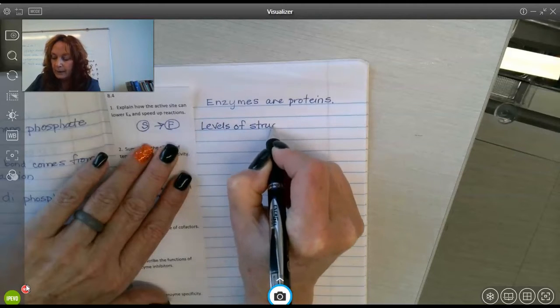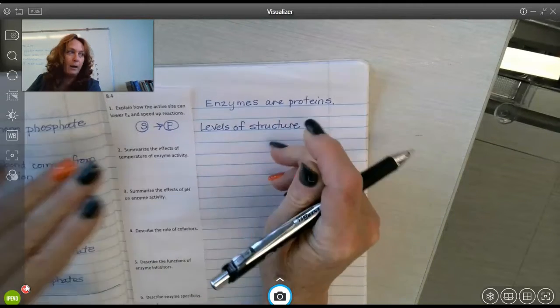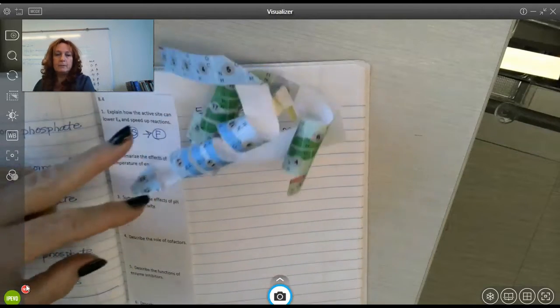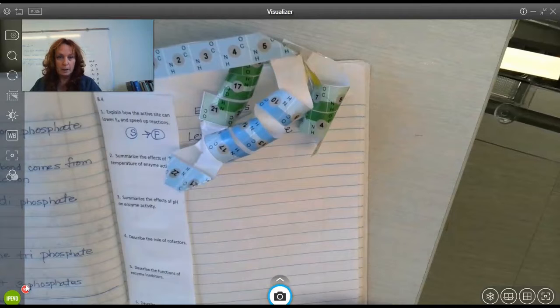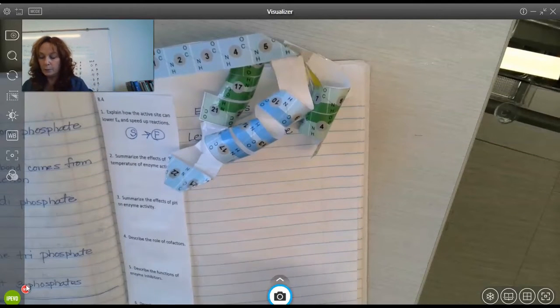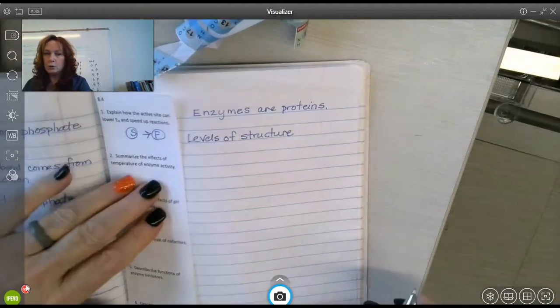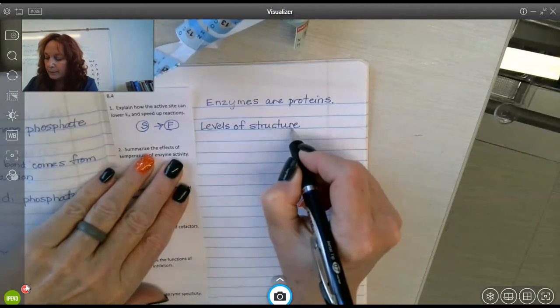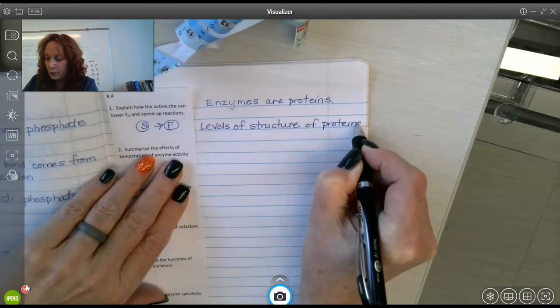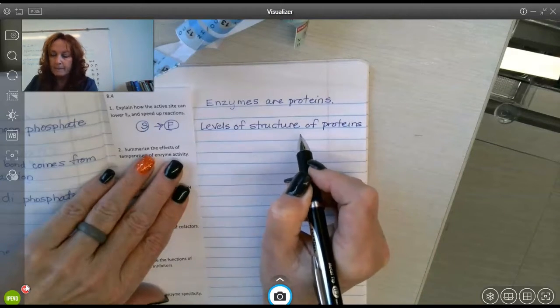And I hope they mean more to you now that you made your insulin molecule. So insulin is not an enzyme, it is a protein. So we're going to be sure we clarify that level of structure of all proteins, of which enzymes are one type.